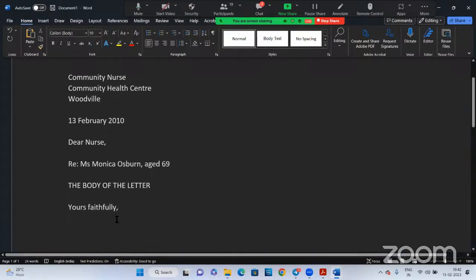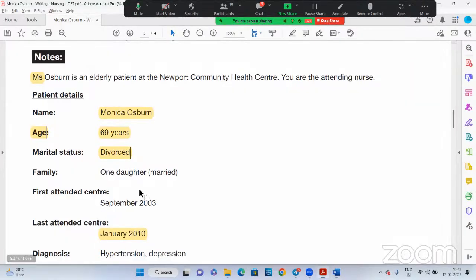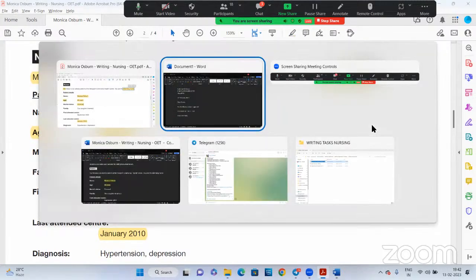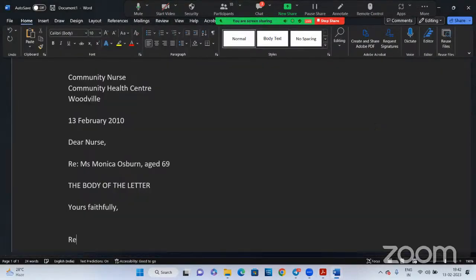Then next 2 lines. So 1 line, 2 lines. Okay, you leave 2 lines here, 1 and 2, and third line you will write. Leave 2 lines here because signature and name should come here. So 2 lines are needed. And so you are the attending nurse. So just write a registered nurse. Okay, or attending nurse, registered nurse.